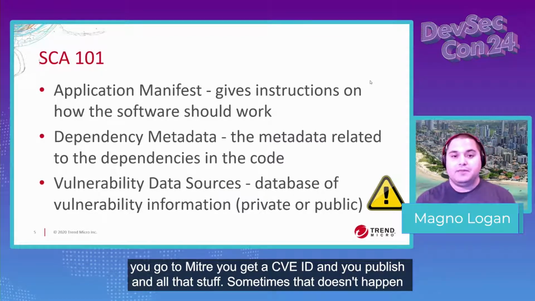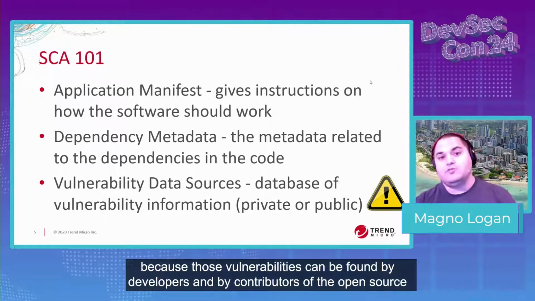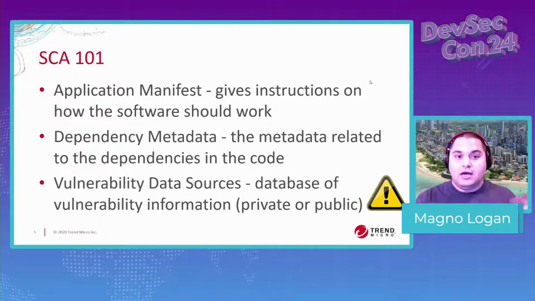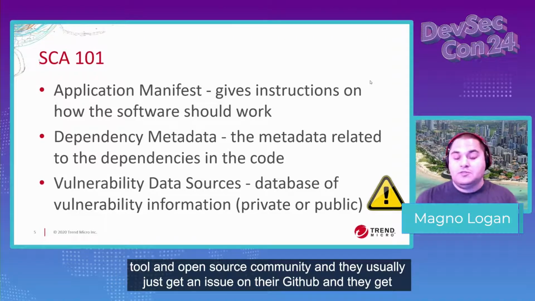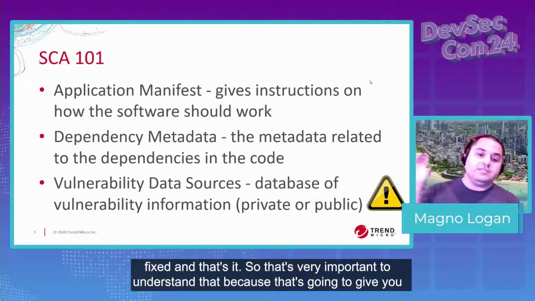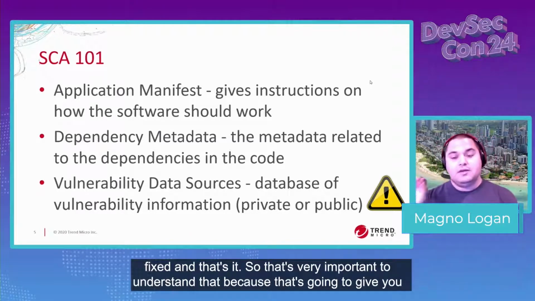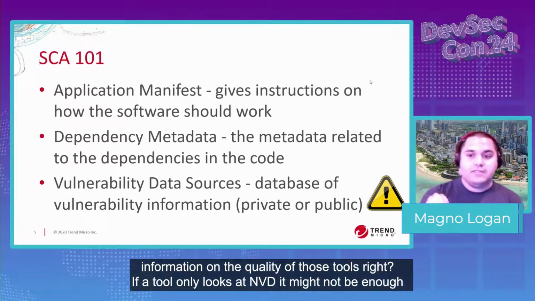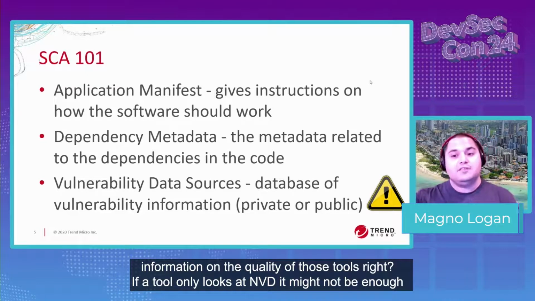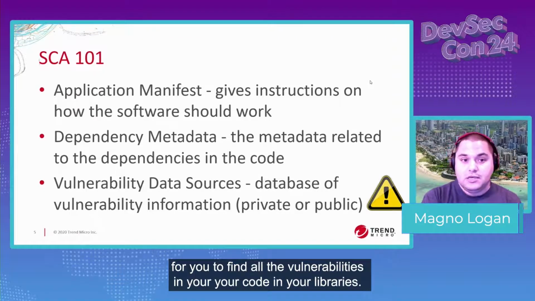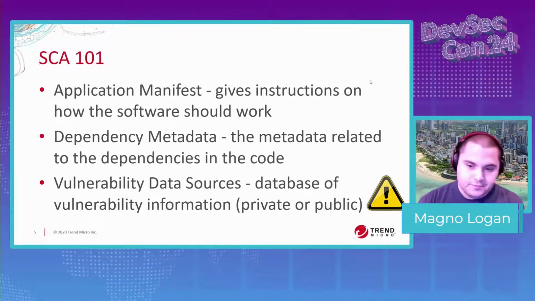Sometimes that doesn't happen, because those vulnerabilities can be found by developers and contributors of the open source tool and open source community, and they usually just get an issue on GitHub and get fixed, and that's it. That's very important to understand, because that's going to give you information on the quality of those tools. If a tool only looks at NVD, it might not be enough for you to find all the vulnerabilities in your code and your libraries.